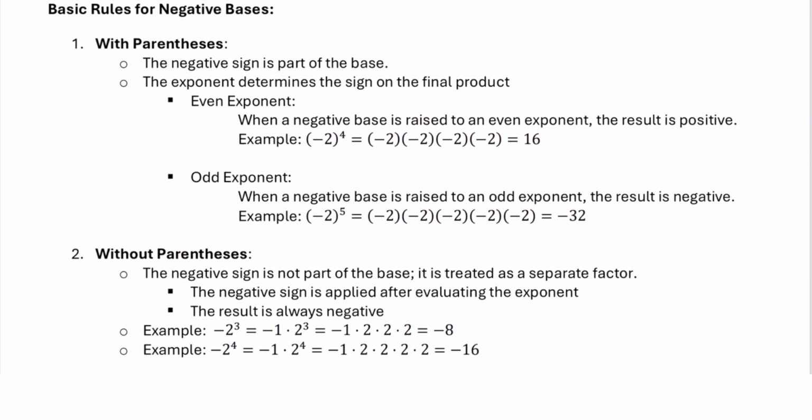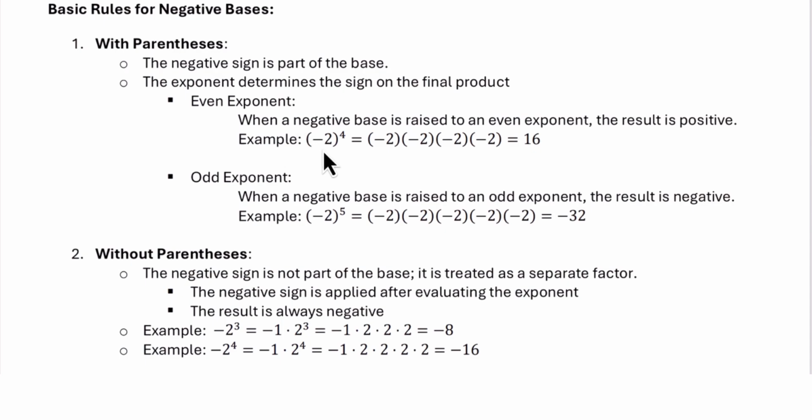Here are 2 basic rules for dealing with bases that are negative. If we have parentheses around the base, the negative sign is actually part of the base. Then the exponent will determine the sign of the final product. If we have an even exponent, then the product is positive.